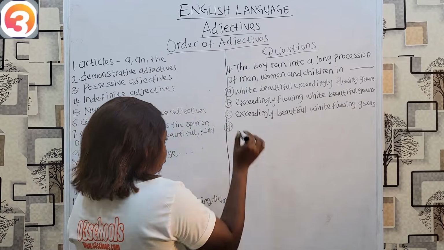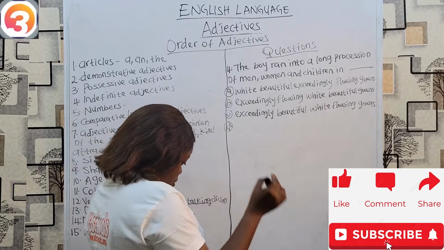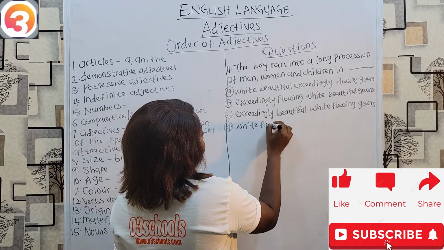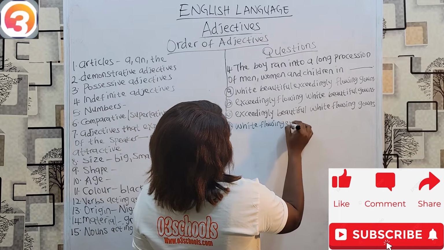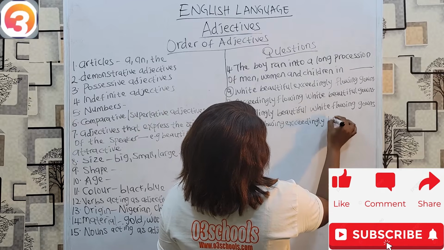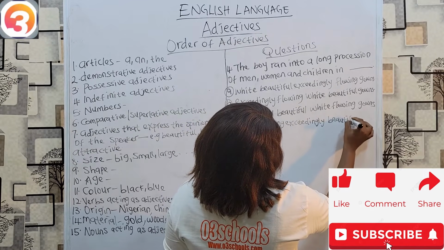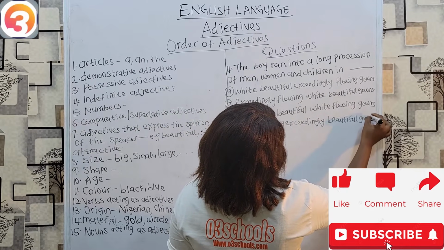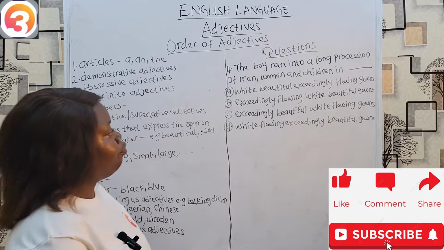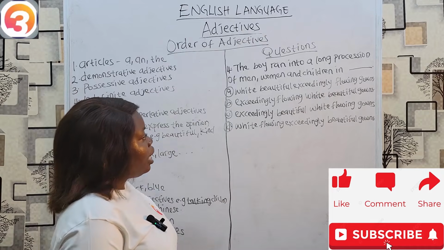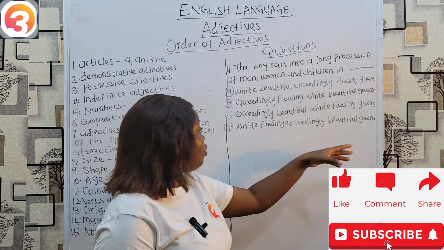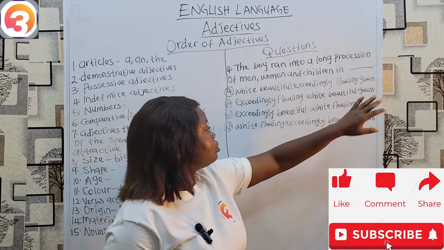D, white flowing exceedingly beautiful gowns. So let's look at this. The boy ran into a long procession of men, women, and children in dash. And look at the options. We have about three or four adjectives qualifying gowns.